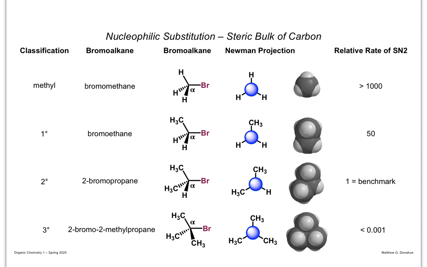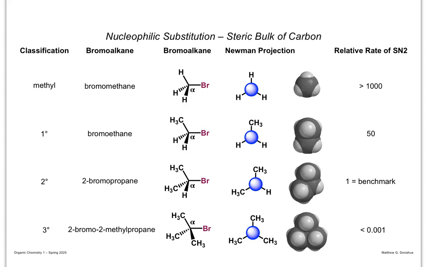So here's a slide that hopefully illustrates why that trend is. In the first column here, you see the class, so methyl, primary, secondary, tertiary. An example of the haloalkane. Then in the third column, it's showing you the structure, so the carbon bearing the bromine and what's bonded to that carbon.